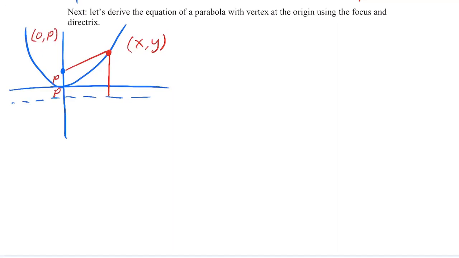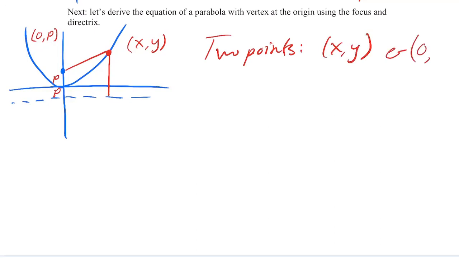Okay, so we have one point x, y. And we have another point 0, p. And we want to find the distance between these two points. Remember what we said about the parabola was it has the same value of distance from here to here as it does from here to here. So we can use the distance formula.